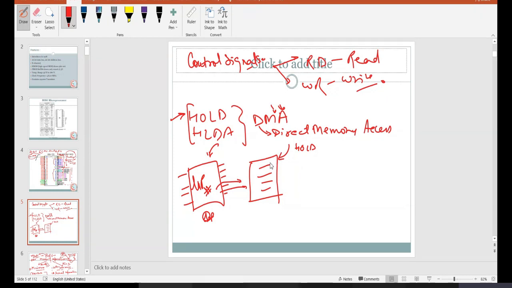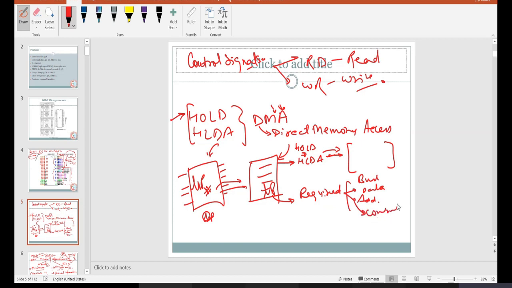Fine. So the moment the processor is able to hold the process, the processor will send back a signal, HOLD is acknowledged. So what happens in between the hold acknowledge, there is a release of something. What is that something? What will this new processor be requiring in order to operate? A processor requires only three things: the control of buses, the data bus, the address bus, and the control bus.